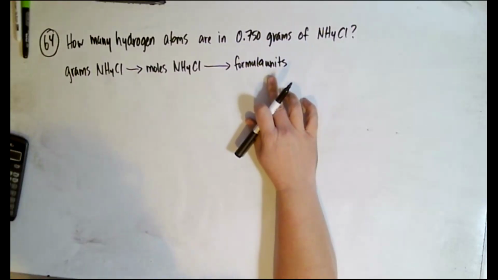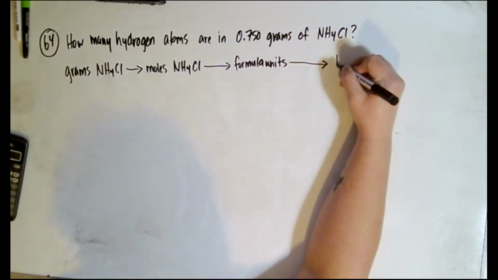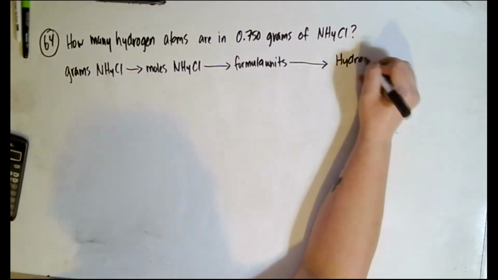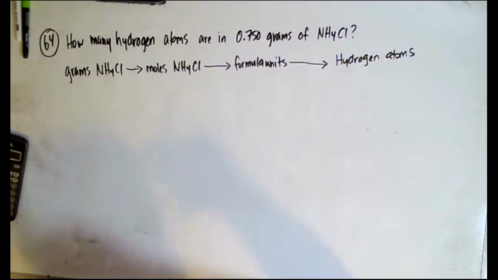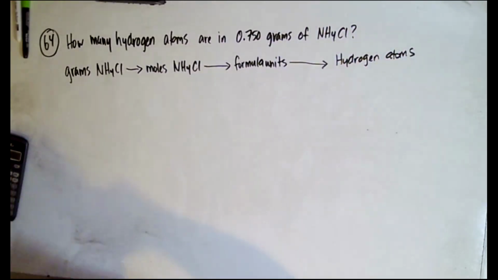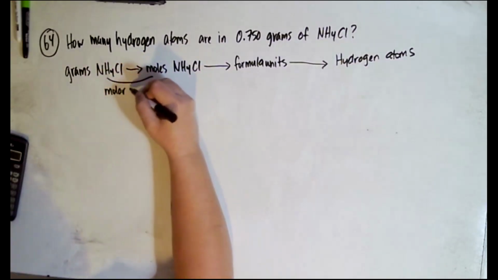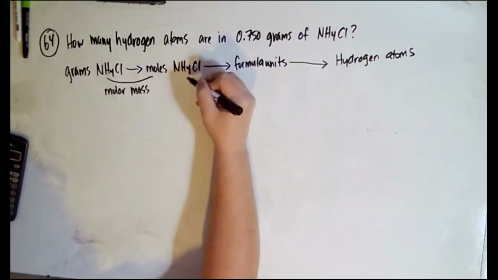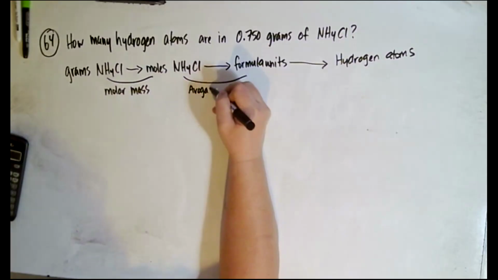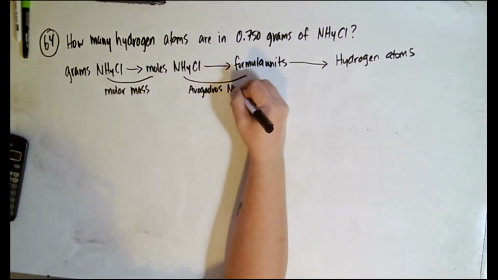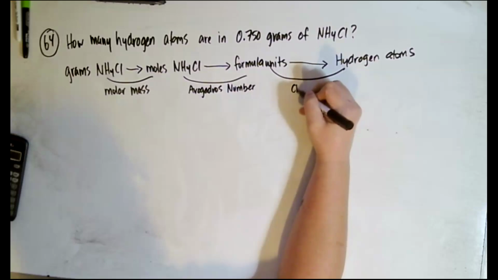And then once we know how many formula units we have, then we can focus specifically on the number of hydrogen atoms that are present using our chemical formula. Okay, so this is going to be molar mass. This step is going to be Avogadro's number. And this step will be our chemical formula.